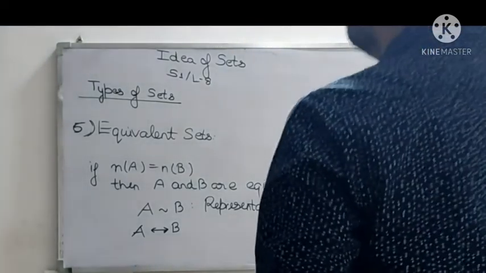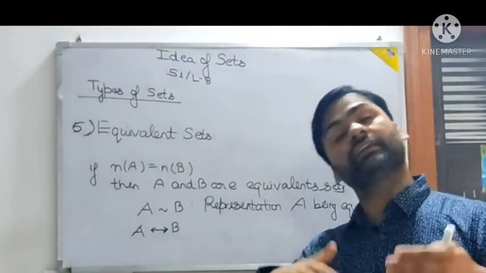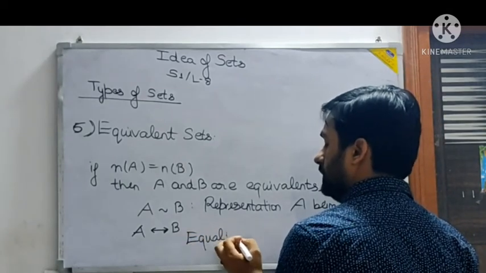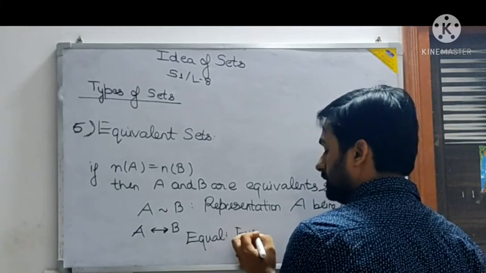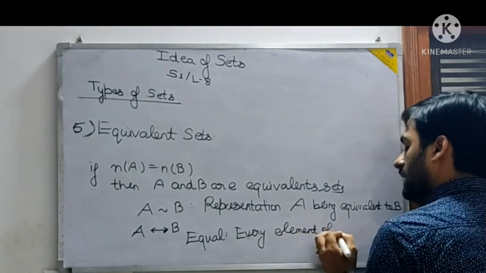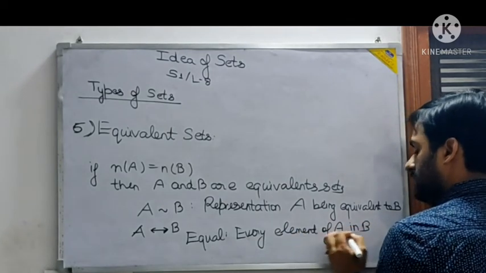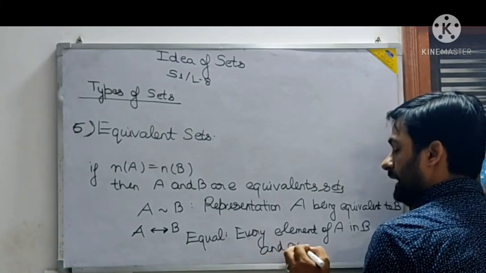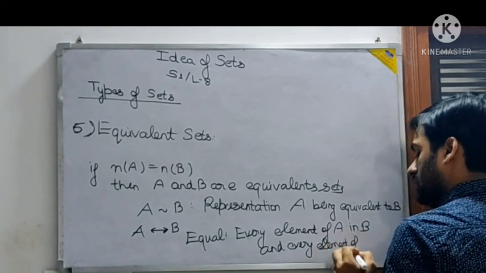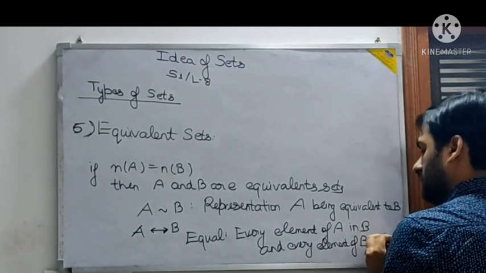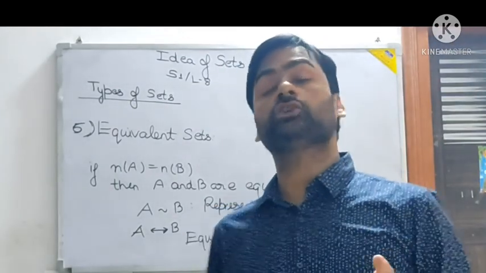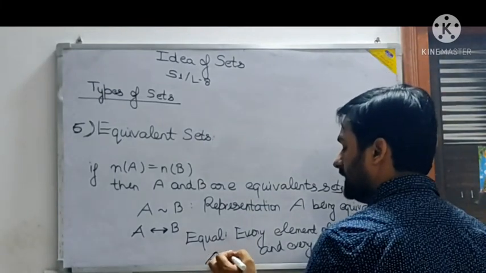Equal sets are those sets such that every element of A is in B, and every element of B is in A. If every element of A is in B and every element of B is in A, then A and B are said to be equal. So how do we write? We write A is equal to B.